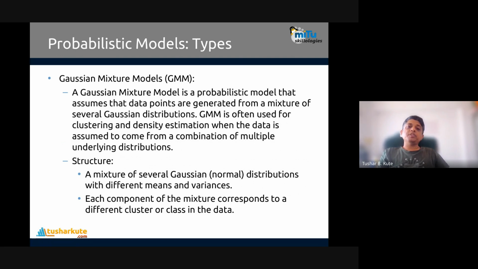It is also a probabilistic model that assumes the data points are generated from a mixture of several Gaussian distributions combined together. You find where the Gaussian probabilities are, so the groups and distributions are separated, and we find where there is a high probability of the data being in a group. That's called the Gaussian mixture model.